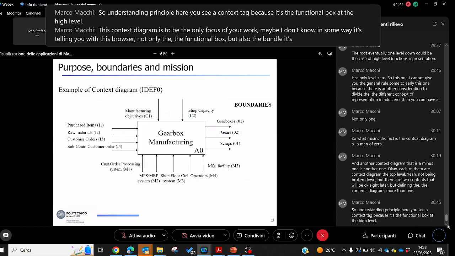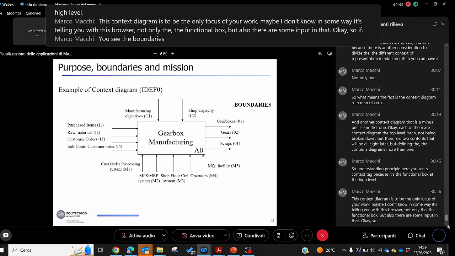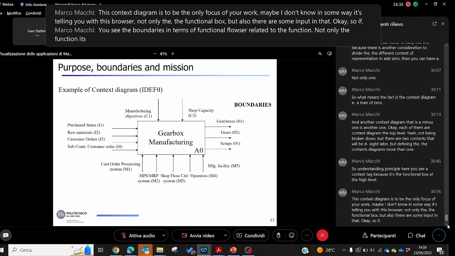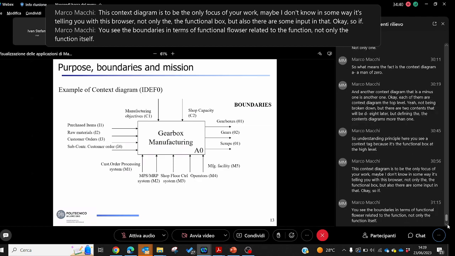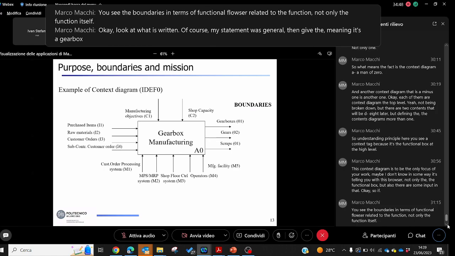There are some inputs and outputs. So you see the boundaries in terms of functional flows related to the function, not only the function itself. Okay, look at what is written. Of course, my statement was general. Then give the meaning: it's gearbox manufacturing, so probably it's a production plant.